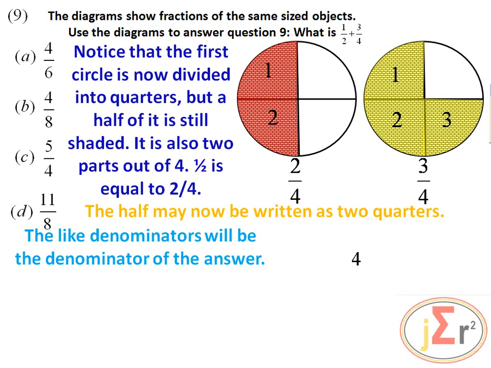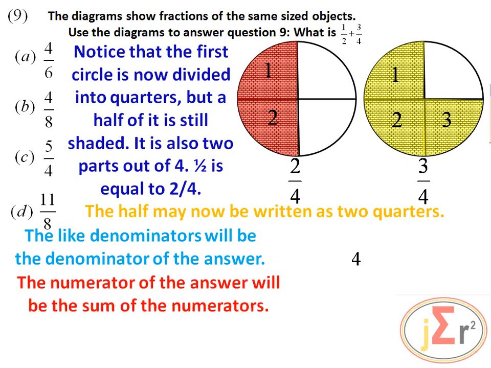What do we do with the numerators when we are adding fractions? If they are the same, you add them. Okay, so the numerators, we may just go straight ahead and add them because the denominators are the same.